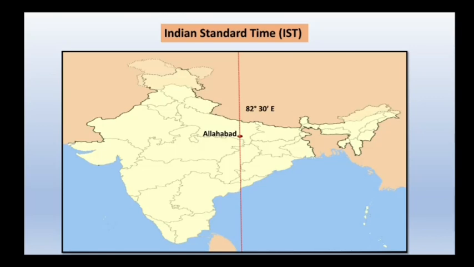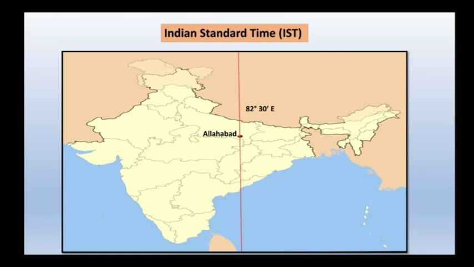Indian Standard Time. IST has been decided according to the 82° 30' east longitude, which passes through Mirzapur near Allahabad in Uttar Pradesh. So, as I told you earlier, the longitude that passes through the middle of the country is considered as the standard time.